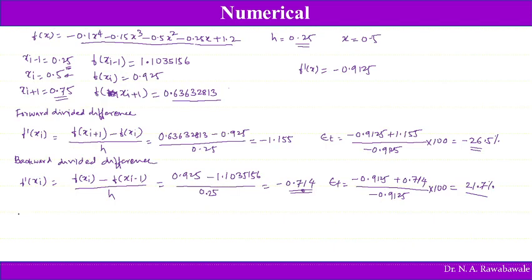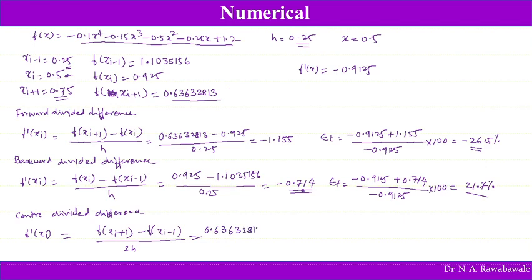Now we use the center divided difference formula. F dash of xi is equal to f of xi plus 1 minus f of xi minus 1 divided by 2h, which is equal to f of xi plus 1, 0.632813, minus f of xi minus 1, which is 1.1035156, divided by 2 into h, which is 0.25.